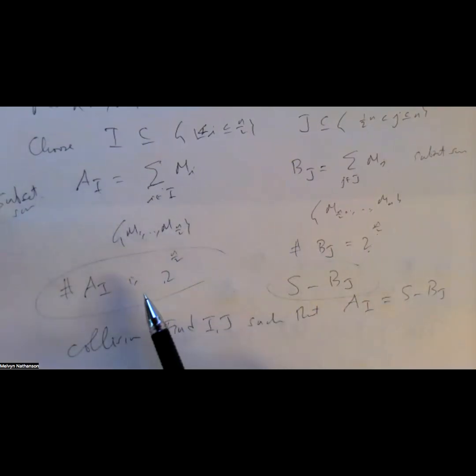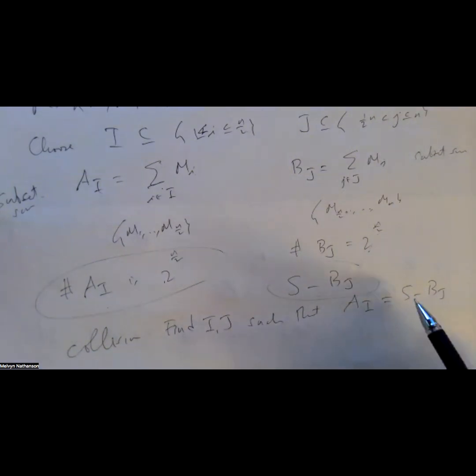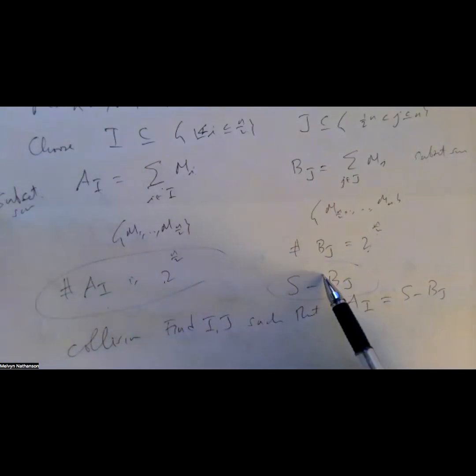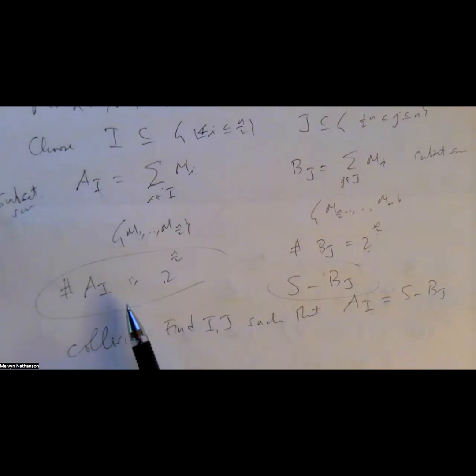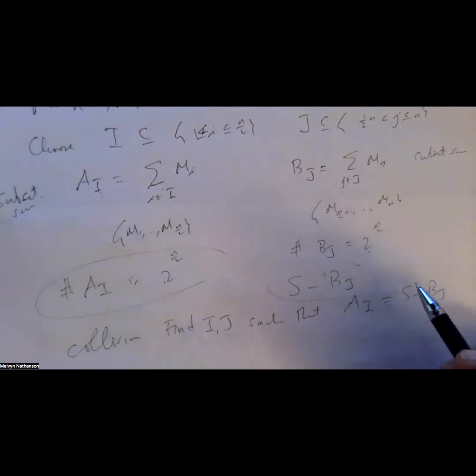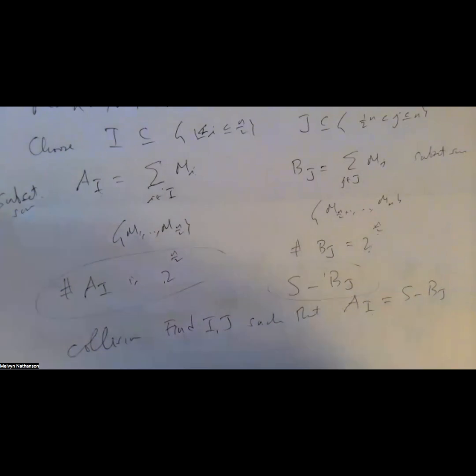So there's going to exist some unique i and j where a_i is s minus b_j. So I have to look and see how many collisions, when an element of this set is an element of this set. So I have to look and see for each of these, is it in here or not? And this is also going to be roughly 2 to the n over 2 comparisons.